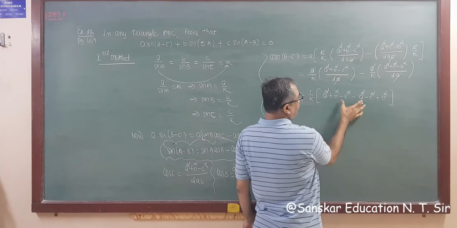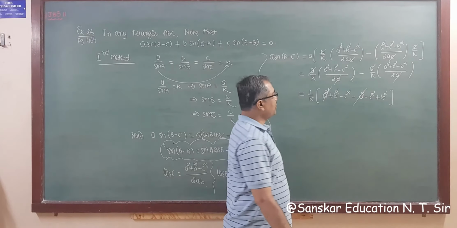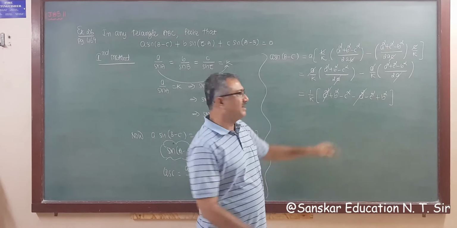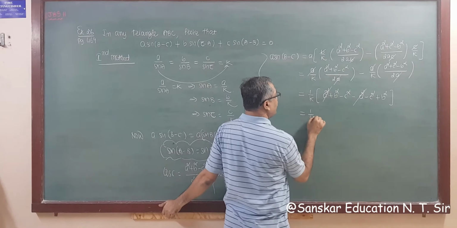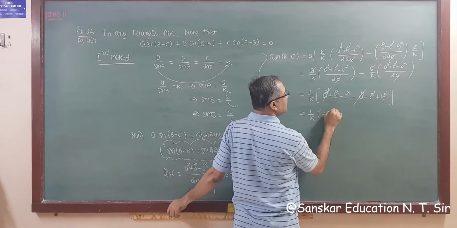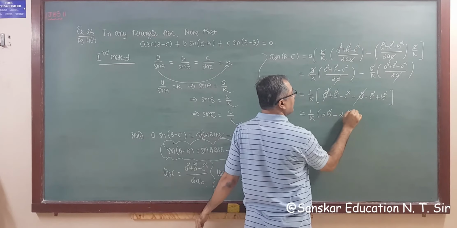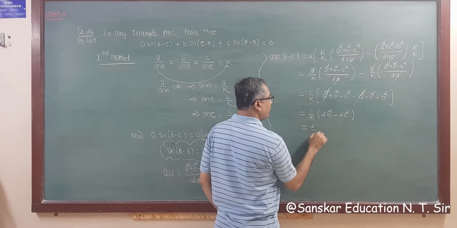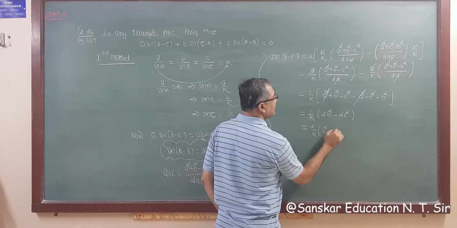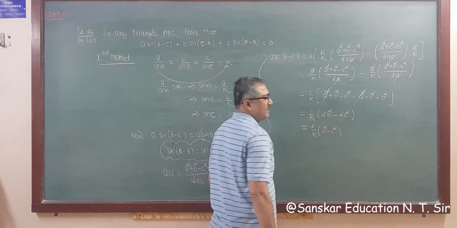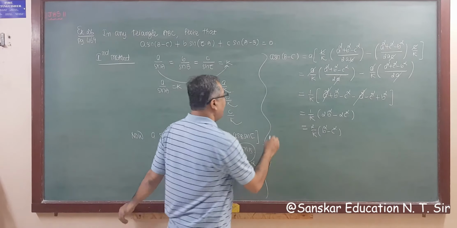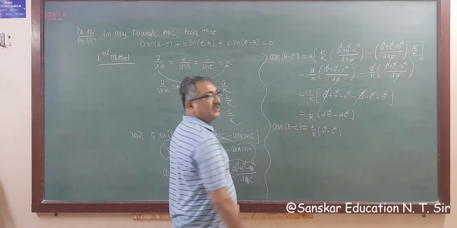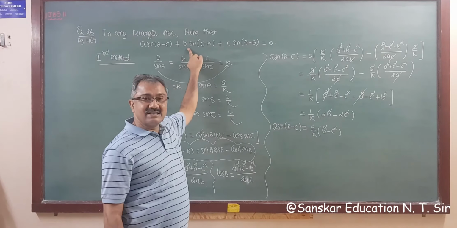So here A square will be cut, right? So 2 times B square minus 2 times C square is remaining. So this is 1 upon K into 2 times B square minus 2 times C square. So taking 2 common, this will be 2 upon K into B square minus C square, right? So this is the answer of A sin capital B minus C. So similarly, we have to write the answer of this.